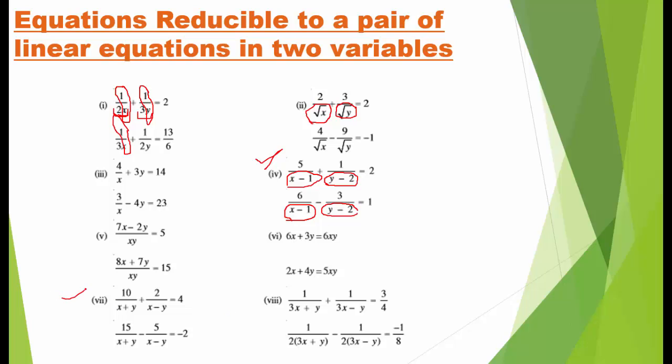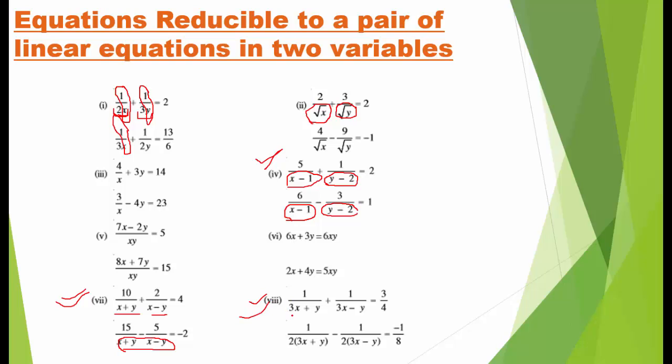Now in question number 7, you will find that in the denominator the first term is x plus y and the second is x minus y. The second equation also has x plus y and x minus y. So we let x plus y be a and x minus y be another variable, say b. Then we can say these can be converted into a linear pair of equations. Now what about question number 8?